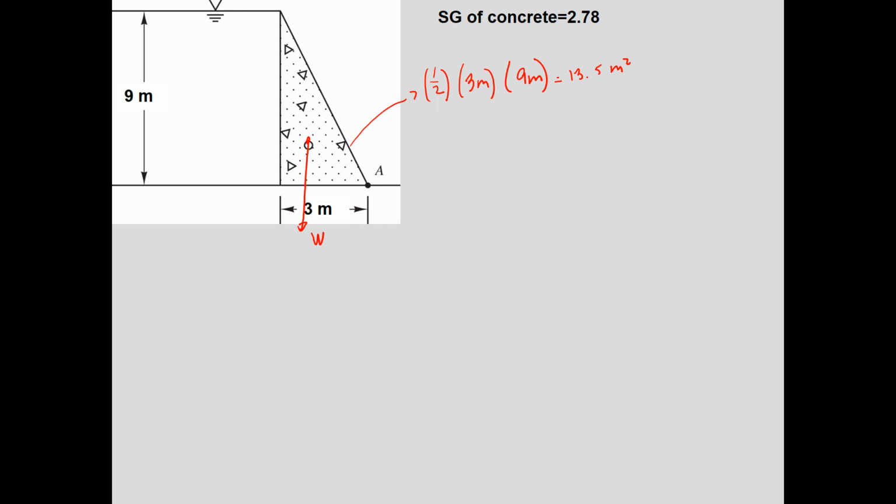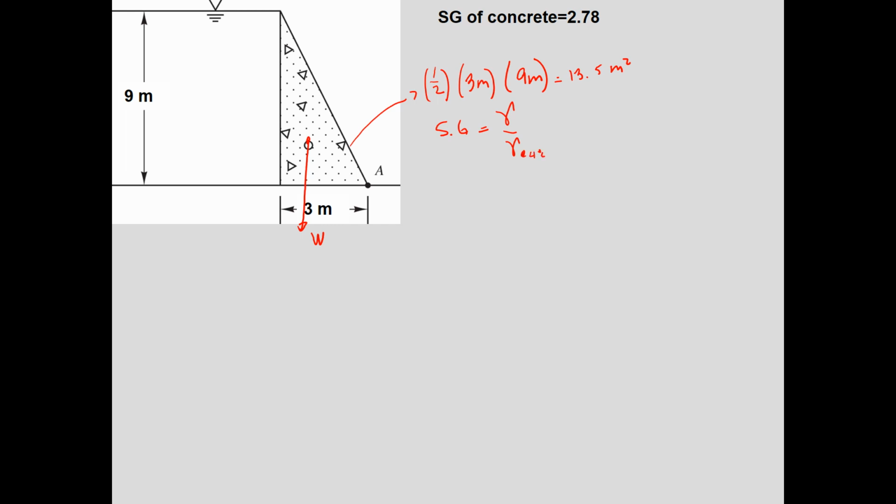The specific gravity equals the specific weight of the material divided by the specific weight of water at 4 degrees Celsius.